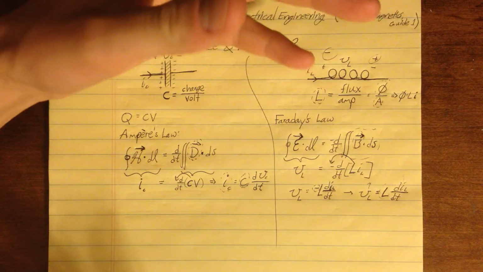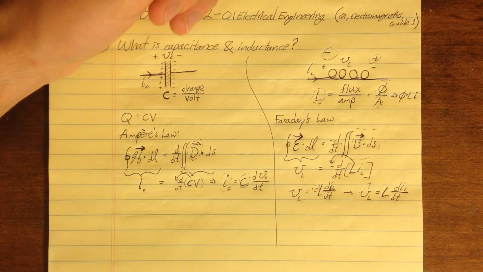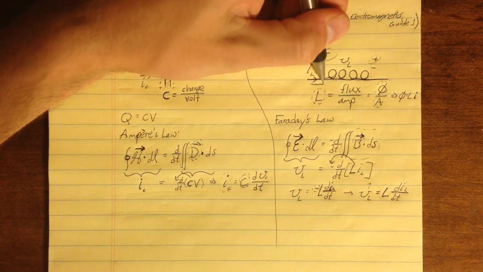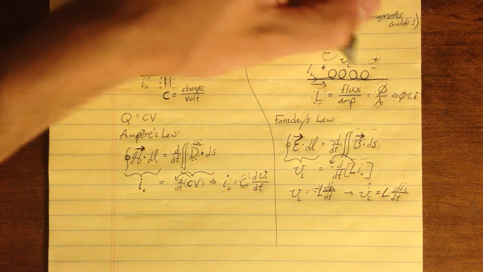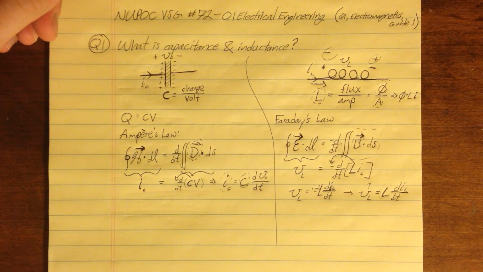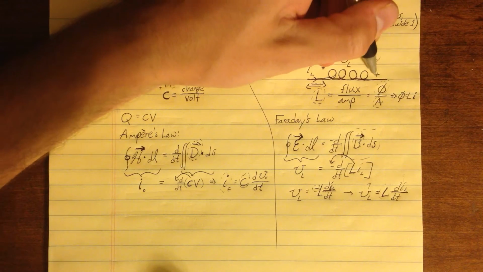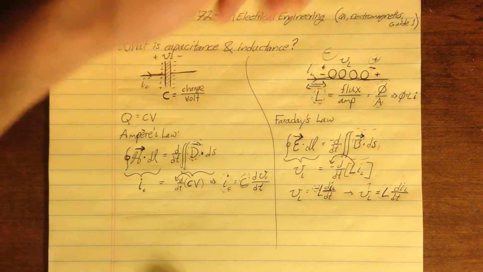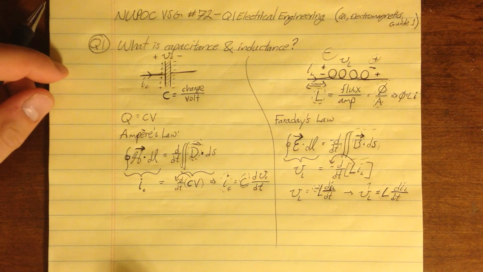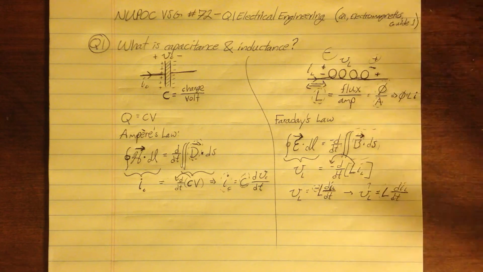So in effect, the inductor is resisting any change in current. If I tried to push more current through it, this voltage VL would become much larger and it would resist that change. And if I tried to reduce my current, then the voltage would adopt the opposite polarity and try to keep that current going. So that's basically two ways to look at both capacitance and inductance.